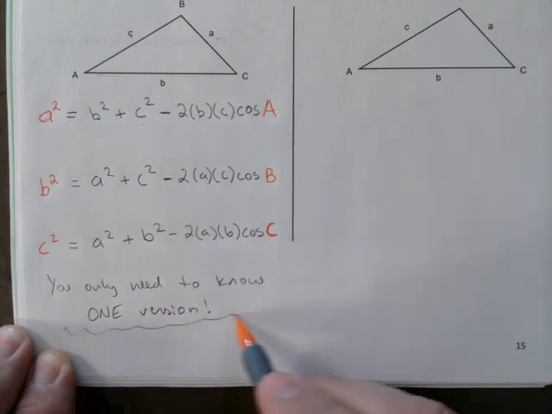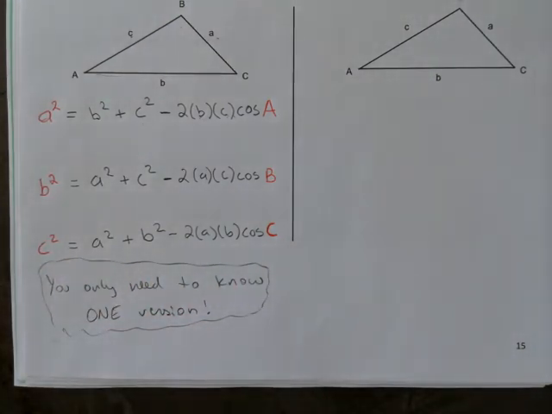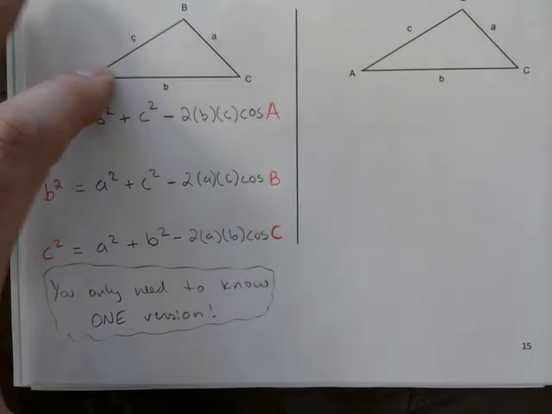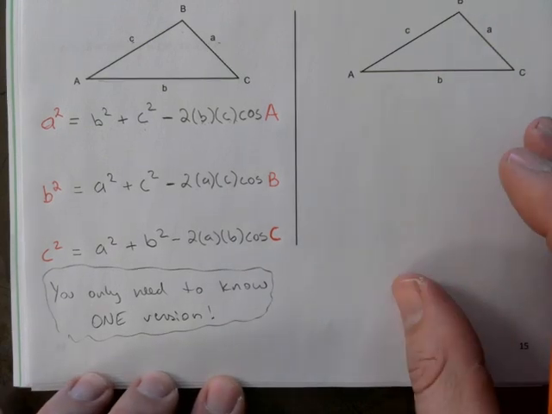Some students are like, oh my goodness, I'm going to need all this space on my study sheet. No, you don't really need to, and I'll show you that maybe a little later. The formula sheet has them, but it looks different, and they don't give you a triangle, so you don't know what the letters mean. So I would say maybe you should have a little triangle on your study sheet.